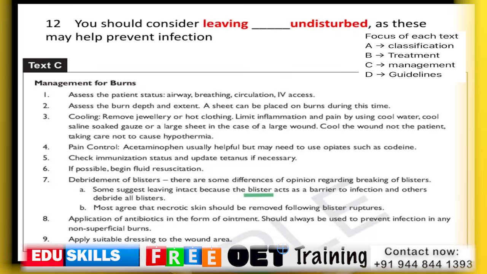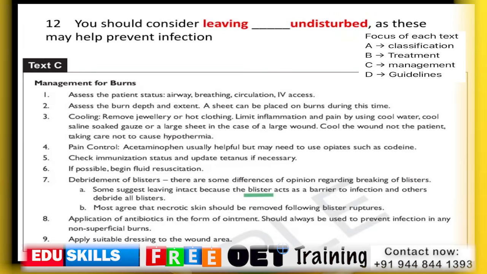Here in the text they are giving barrier to infection. As we all know, barrier means something which is to prevent, so that is a synonym of barrier. Here in the question they are giving prevent infection. Then you should consider means here they are saying some suggest. Then leaving undisturbed means intact.